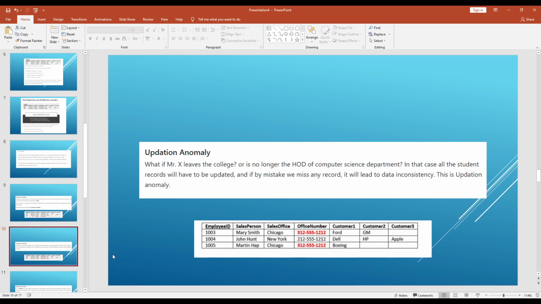In that case, all the student records will be updated, and if by mistake we miss any record, it will lead to data inconsistency that results from data redundancy and a partial update. This is updation anomaly.